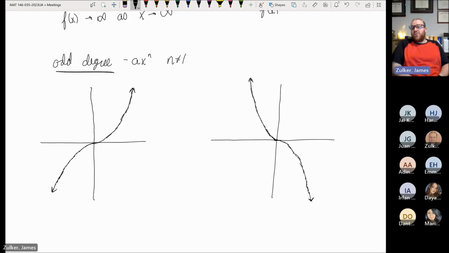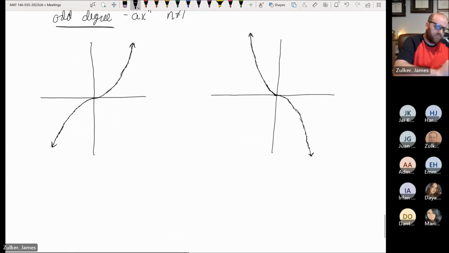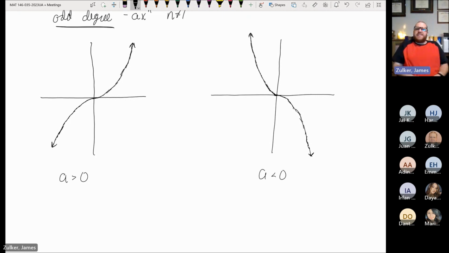All right, it's going to be one of these two. This here is if the leading coefficient is positive, and then the one on the right is if your leading coefficient is negative.